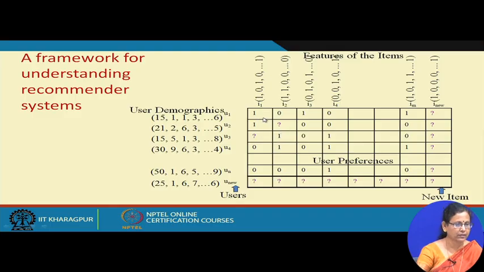Here the binary value represents whether the user has seen the item or not, like in a book buying situation, whether you have seen the details of the book or not. In that sense we have made it binary. But suppose you would like to provide a rating on a continuous scale, that is also possible.